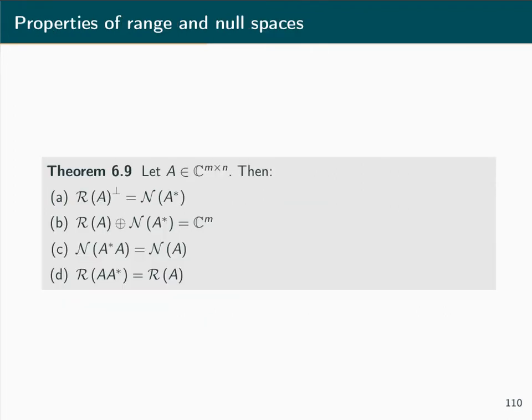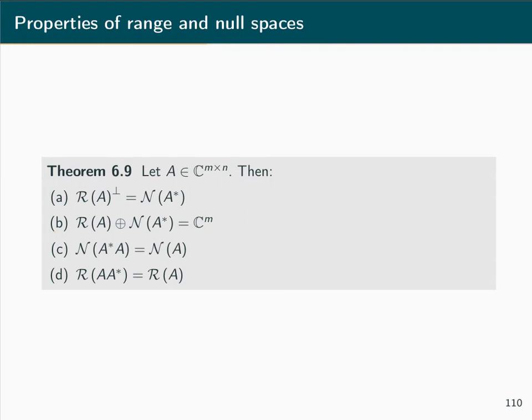Now we have the very important Theorem 6.9 about the range space and null space of a matrix A and its adjoint matrix A star. In particular, the following spaces are equal: A, the orthogonal complement of the range space of A equals the null space of A star.